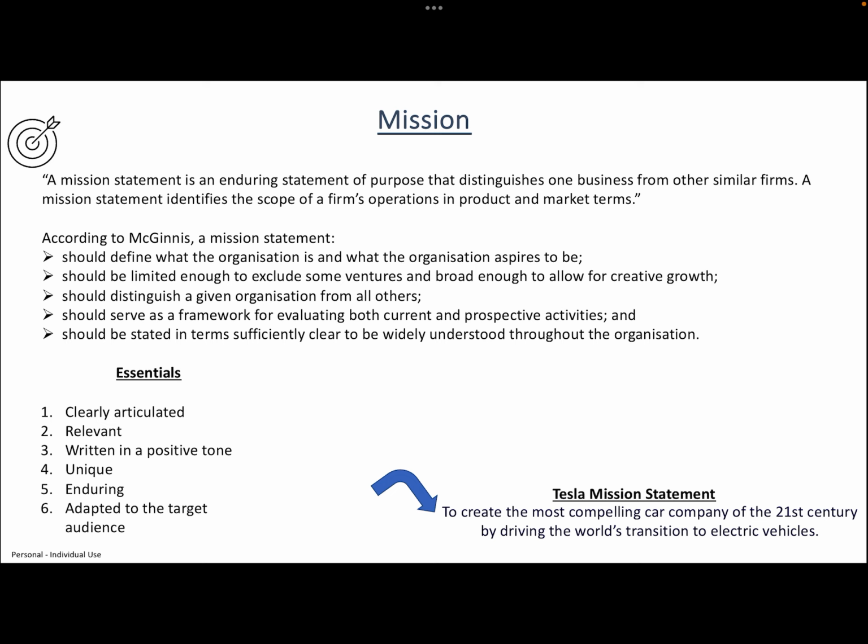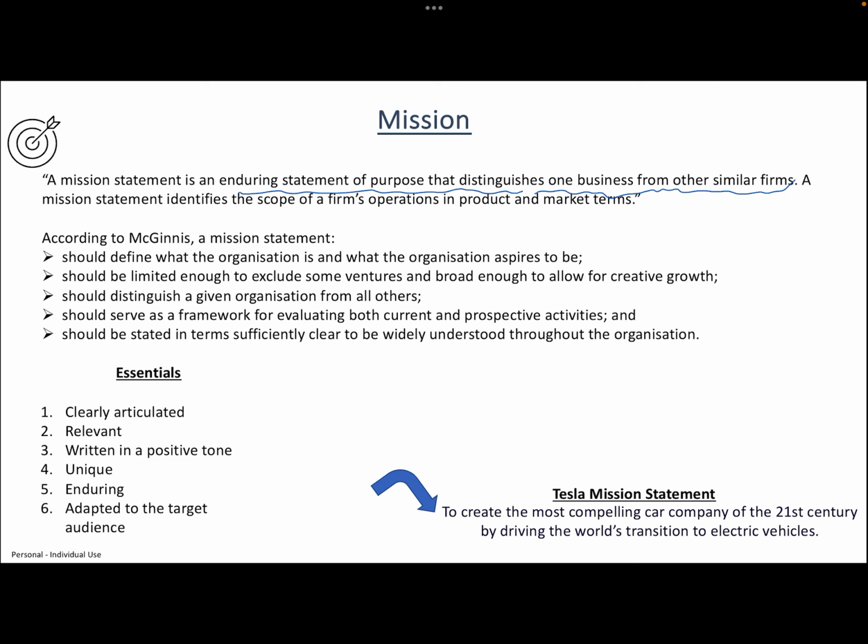Vision was more long-term focused, and it may not be specific to a company, but a mission statement is an enduring statement of purpose that distinguishes one business from other similar firms. When we saw Tesla's vision statement, it wanted to act like a pioneer in accelerating the sustainability journey of our global operations.